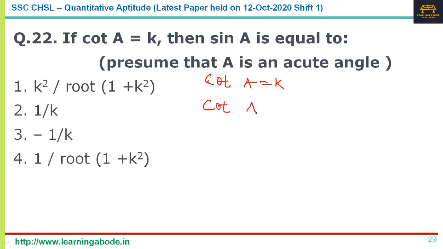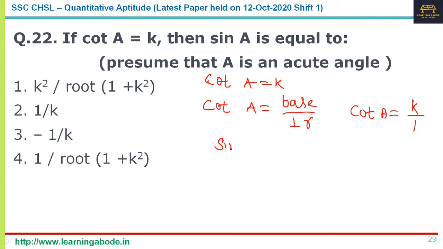We just saw a moment before, it is base by perpendicular. So we can also say cot A is equal to K by 1.